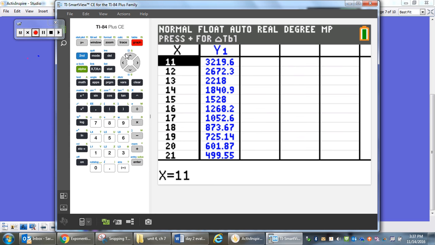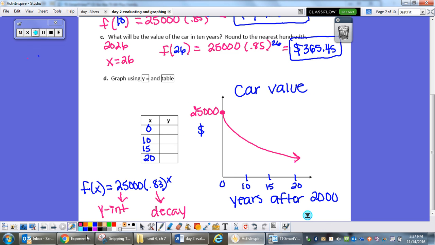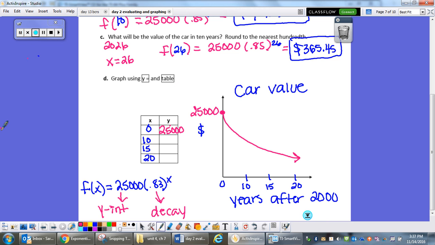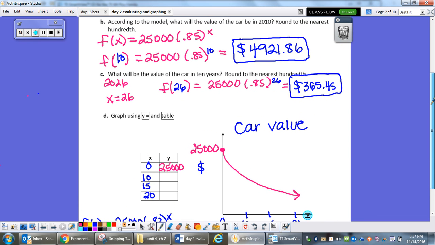So we know when x is 0, you're just at your y-intercept, you're starting at 25,000. In 10 years, the car is worth, we already calculated, but let's just make sure, $3,879. Did I key this in right? No, that's not correct.